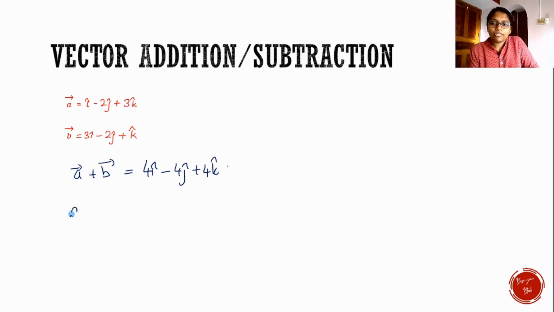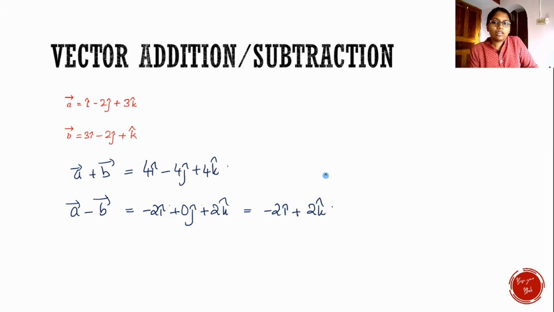And if I need to subtract, vector a minus vector b is 1i minus 3i, that is minus 2i, minus 2 minus minus 2 which is 0, 3k minus 1k is simply 2k. So it is minus 2i plus 2k.